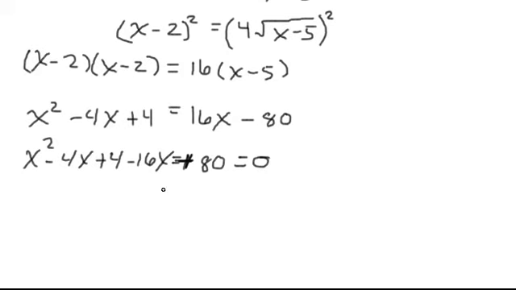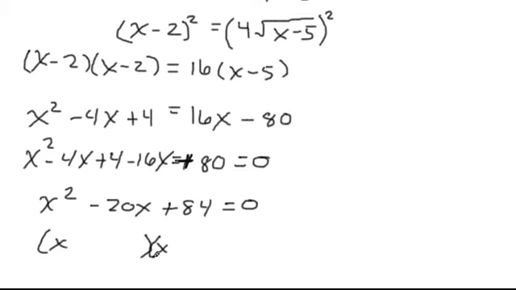We want to collect up our like terms, so we have x squared minus 20x, and plus 84.